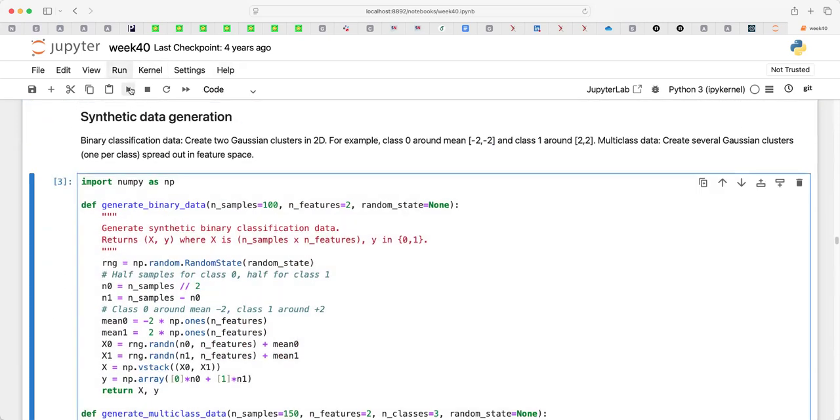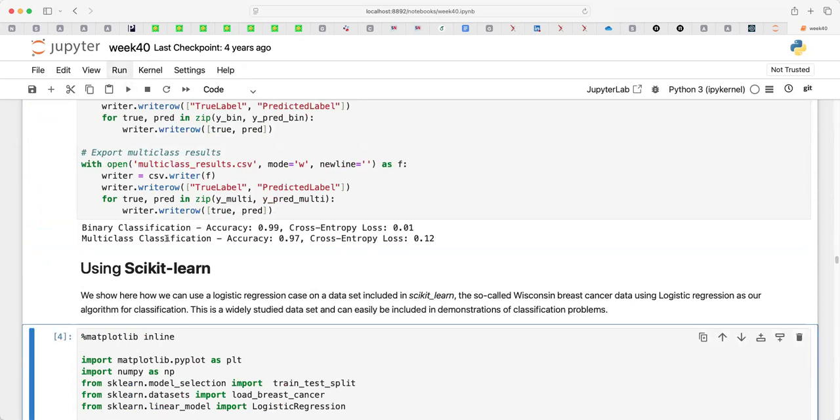If I run through it here, you see that the binary classification has an accuracy close to 100%, and you can see the cross entropy loss, which is 0.01. The same holds for the multi-class classification, which gets pretty close to 100%. Keep in mind that we haven't done any scaling of the data, nothing. This is a simple vanilla case.